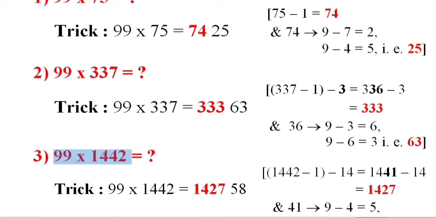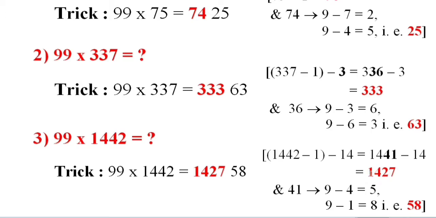99 into 1442 equals what? 1442 minus 1 equals 1441. 1441 minus 14 equals 1427. Write down 1427 and 41.